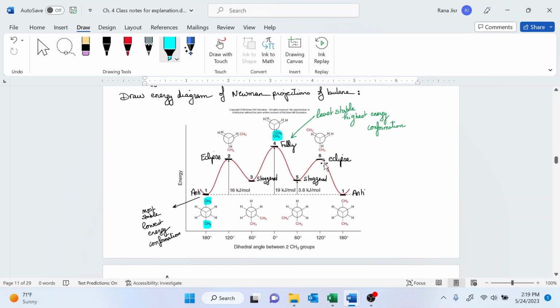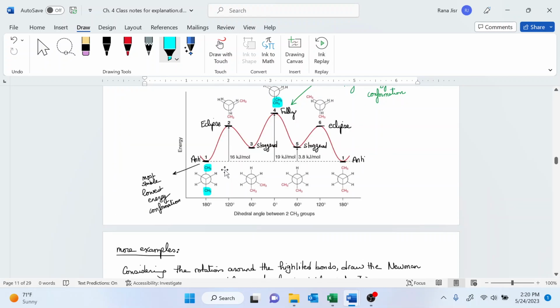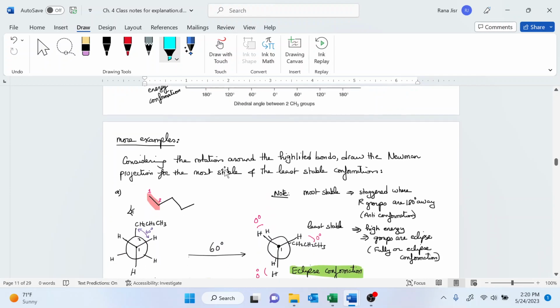So 2 and 6 have the same energy in this example. And then the final rotation is going to bring you back to wherever you started, which is the 180. So always I start with the 180 and I finish with the 180. Let's have another example.